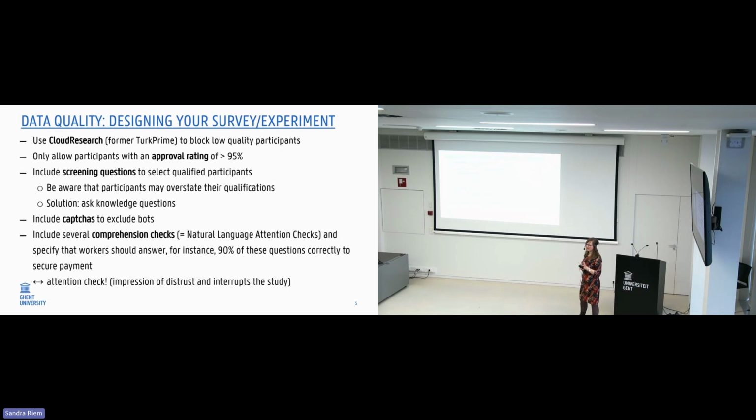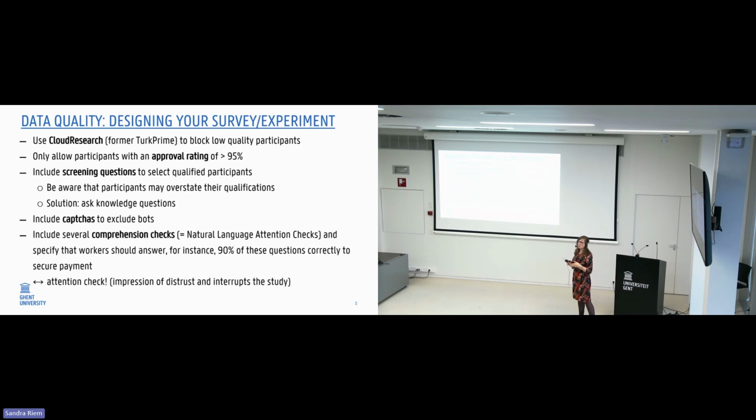You can also include attention checks, and that's more like "now indicate neutral" or "now indicate I agree," or other things you can think of just to make sure that they are paying attention. But the participants that are really paying attention to your study might feel a kind of distrust, like, they don't trust me to answer this in the right way, they expect me to misbehave.